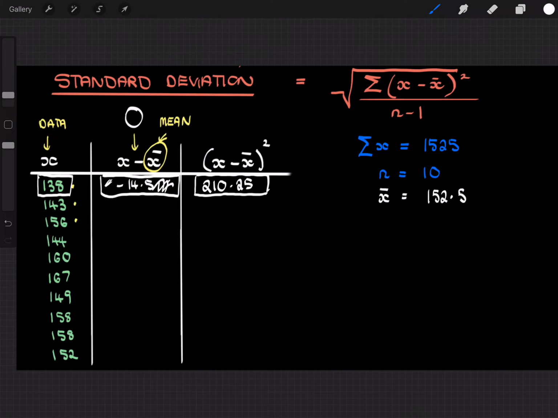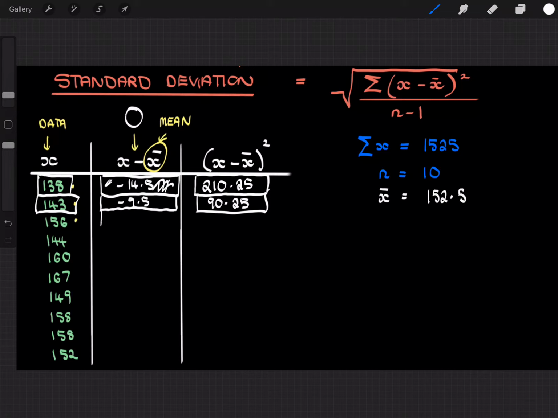The next row, same deal again. This time it's 143 take away 152.5, and that equals negative 9.5. Then in the next column we square it: 9.5 squared gives us 90.25.